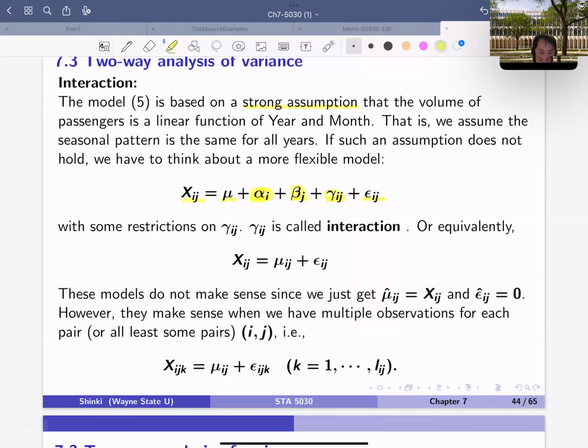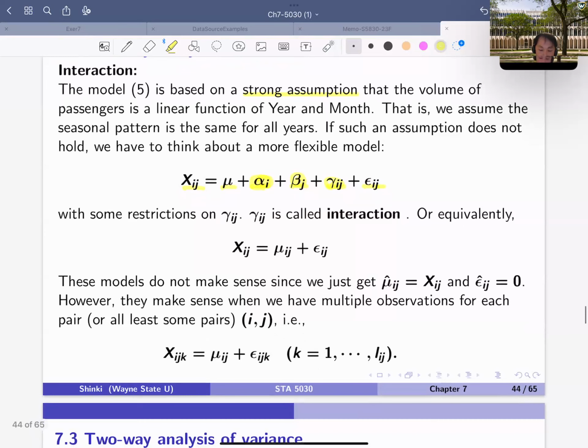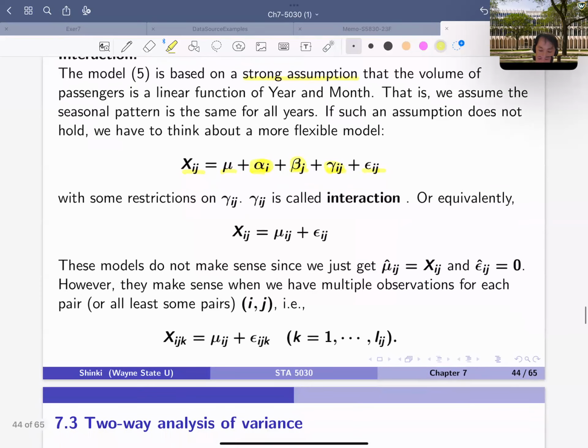For the example of the passengers, that means we assume that the seasonal pattern is the same for all years. But that may not be true. If some years have Olympics in August, then for those specific years, the August number should be higher than other months, I mean, relatively much larger than other months compared to other years.